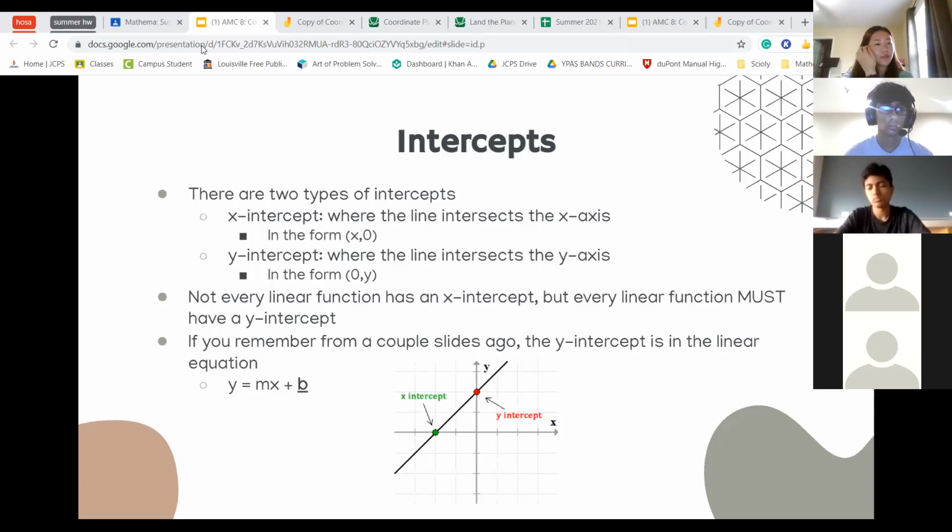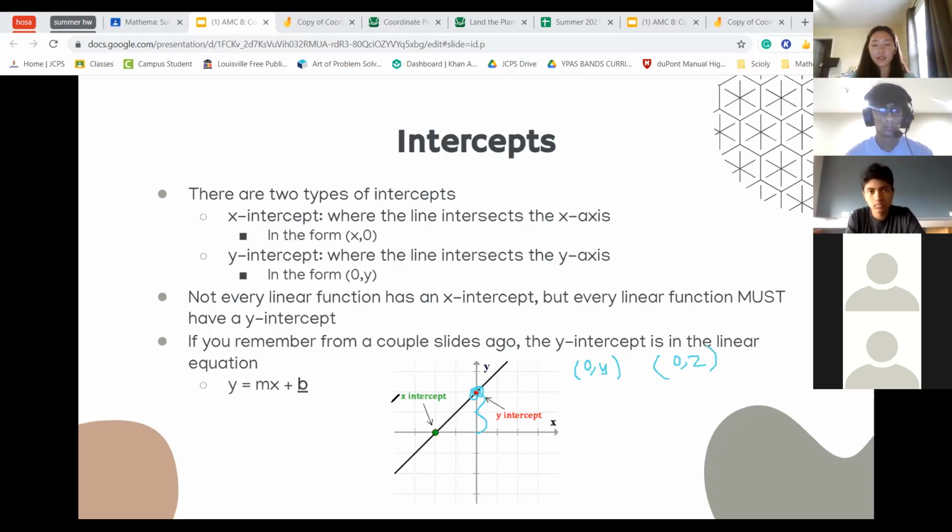Okay, so we got a few answers, and I think most of you got the y-intercept correct. We know the y-intercept is going to be in the form of 0, comma y, and we can see that the y value for this point is positive 2. So our y-intercept is 0, comma 2.